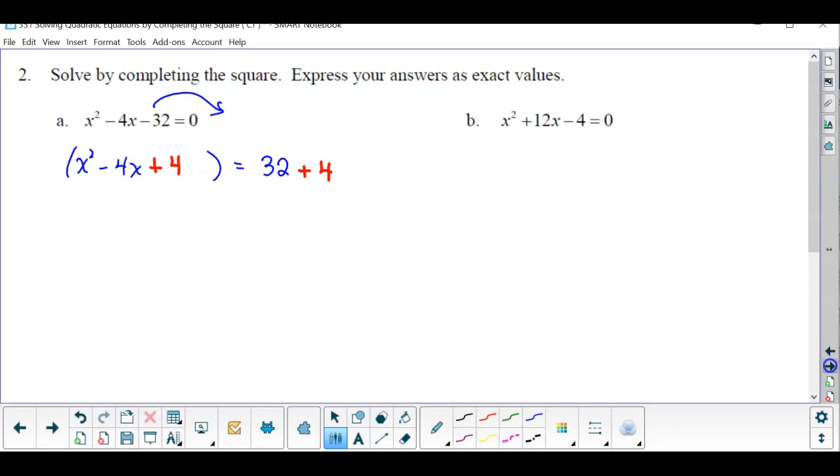Then here we can factor this. Right, that's going to factor to (x - 2) squared. Collect like terms on the right. And now we can solve that, right? We're going to take the square root.